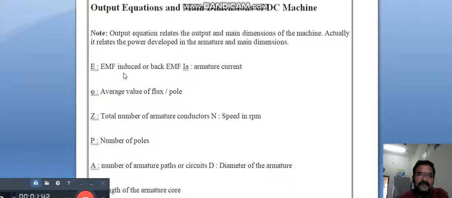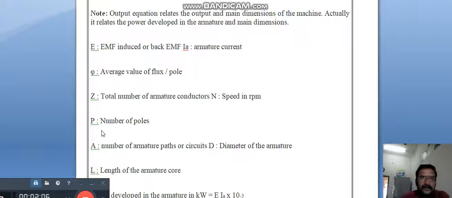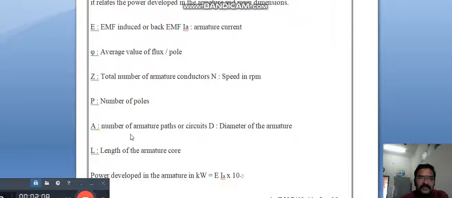Some of the things we are going to know. E means EMF induced or back EMF, and IA is the armature current. Phi is the average value of flux per pole. Capital Z is the total number of armature conductors, N is the speed in RPM, and capital P is the number of poles.